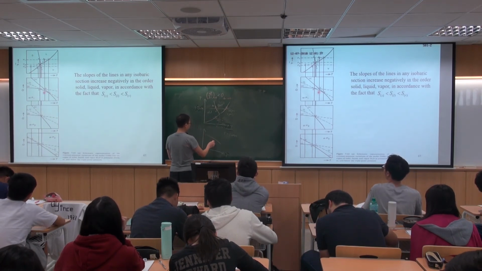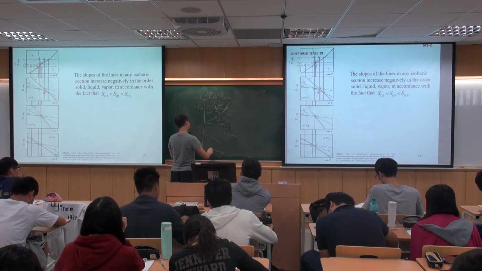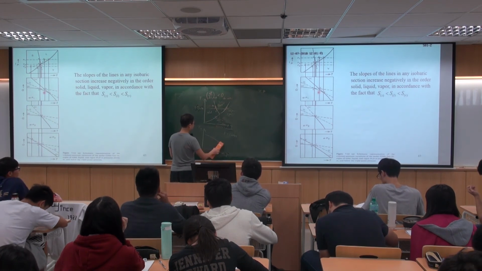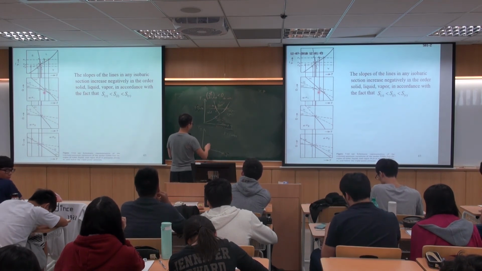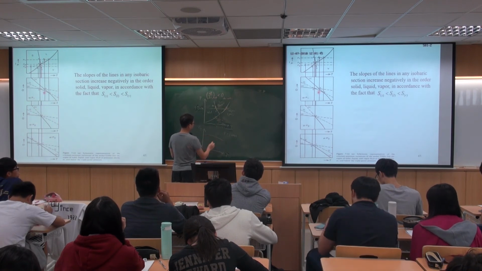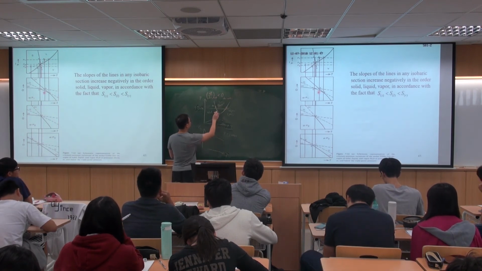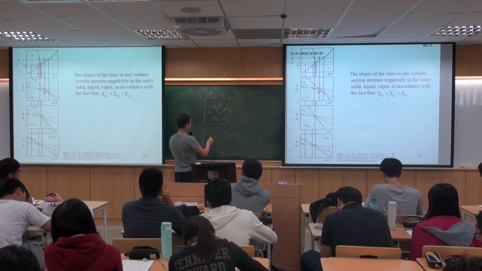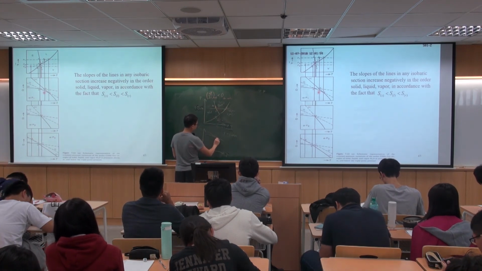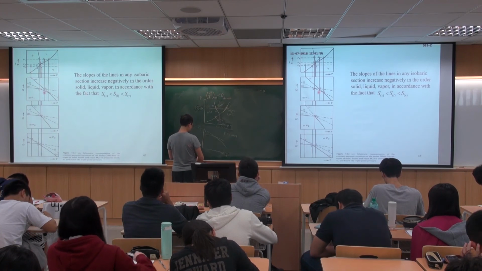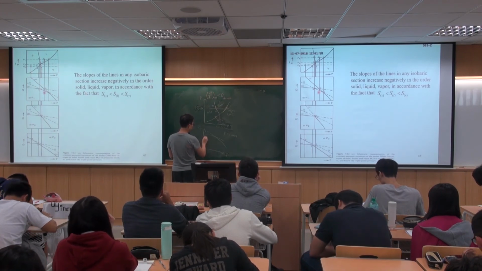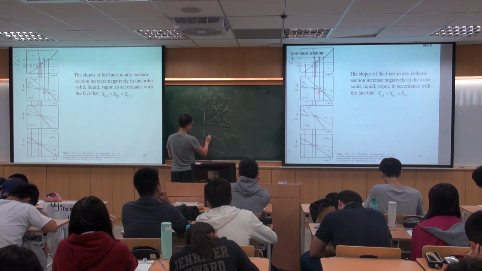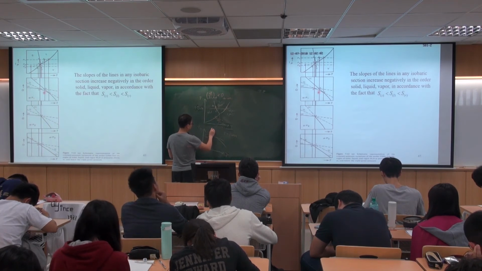Maybe I should make this more flat. Solid. And then at a certain point, you have the liquid phase being the lowest Gibbs free energy. So maybe something like this. This is solid, this line. This is liquid.